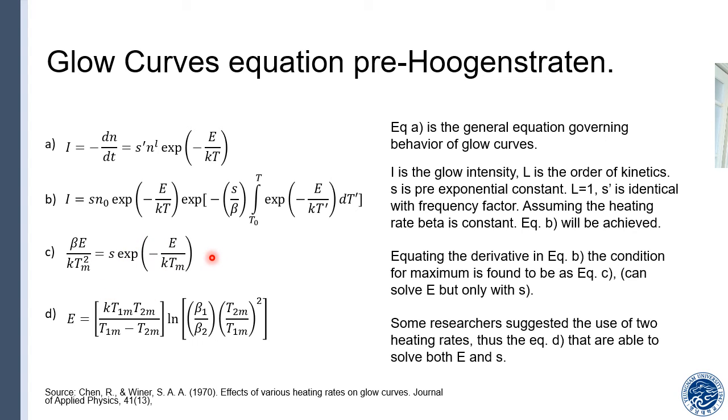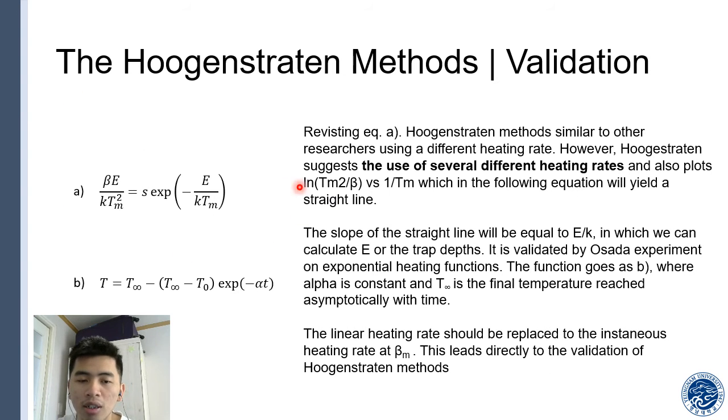However, some researchers suggest the use of two heating rates that are able to solve both E and S through the process of elimination. That is basically what Hoogenstraaten proposed, and not only two but several different heating rates.